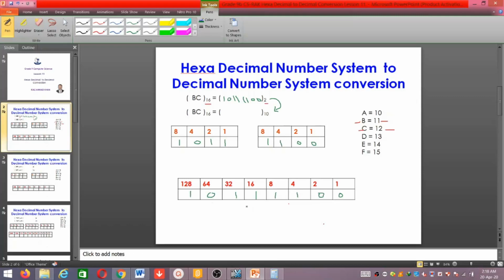To get the decimal, we add all the place values that have a 1. So 128 plus 32, then we add 16, then we add 8, and then we add 4.